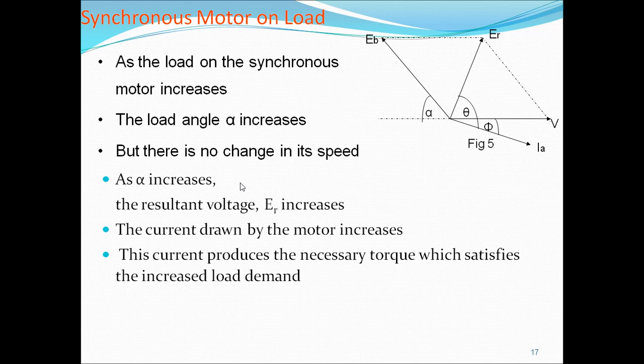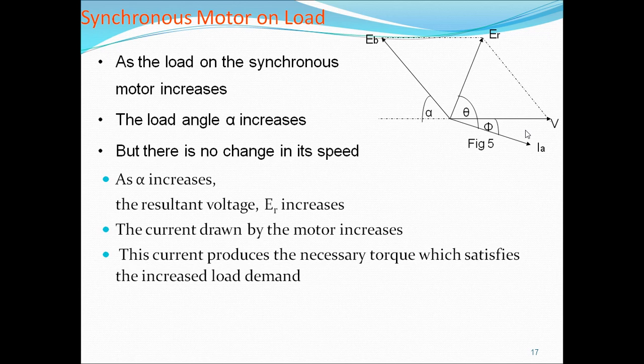But in practice, every motor has losses. The vector diagram is shown here. The vector EB falls back by a certain angle, called alpha.